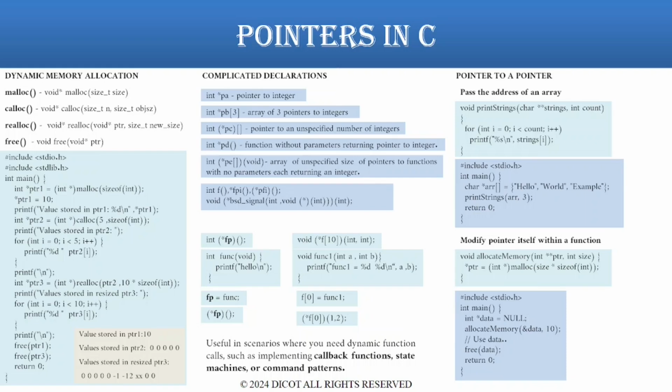After memory is allocated, the main function can use the data pointer to store or manipulate 10 integers. After the allocated memory is no longer needed, it must be freed using the free function to avoid memory leaks. This returns the memory to the system.